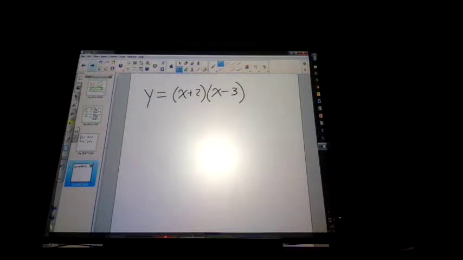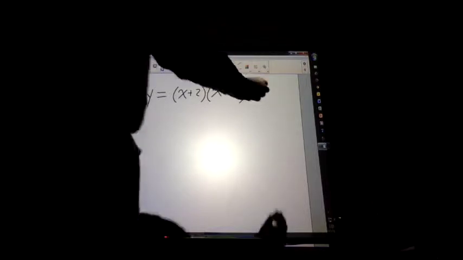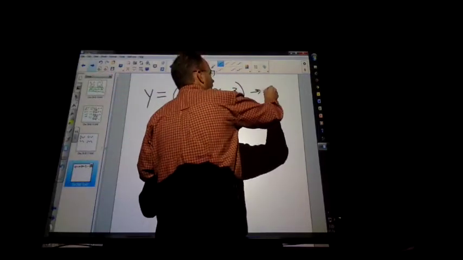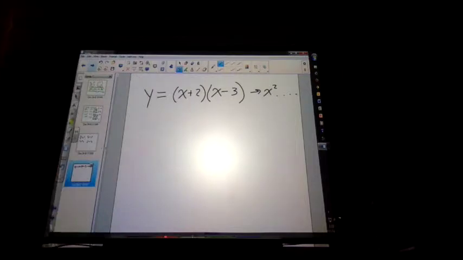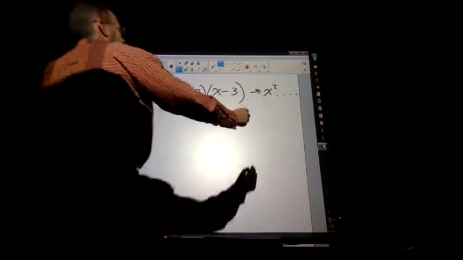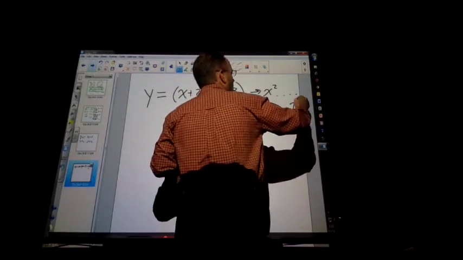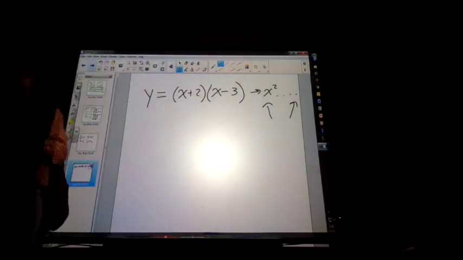Two x-intercepts. If I multiply together, I wind up having x squared. So if this was FOILed out, I would wind up having x squared, and so what is the end behavior of this graph? Where is it going? There you go, touchdown. So our end behaviors are doing this with this graph.